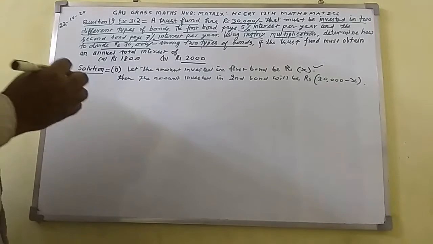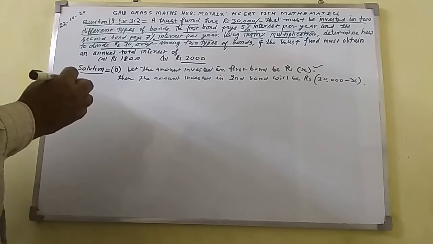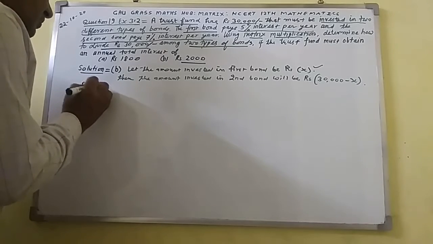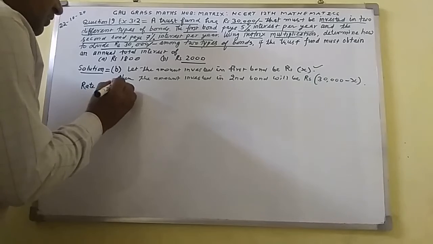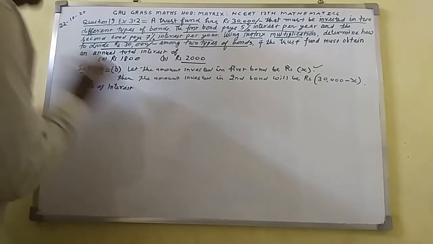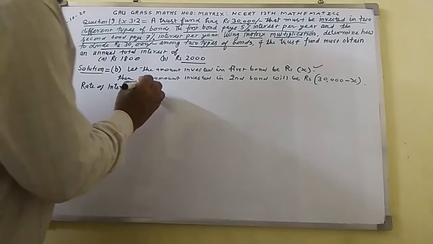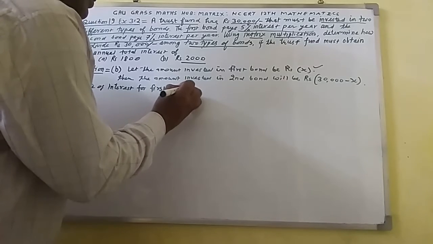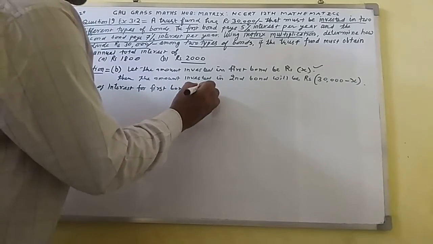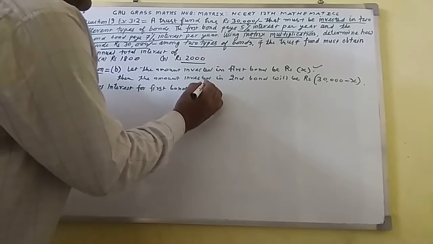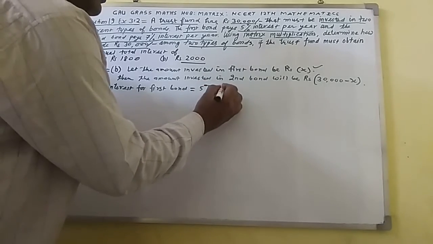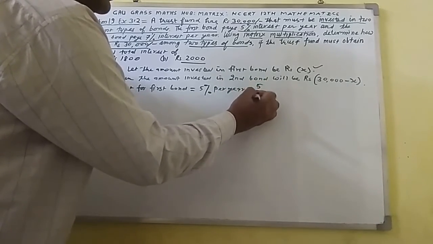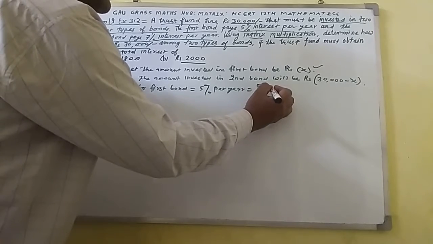I shall write the rate of interest for the first bond equal to 5% per year, equal to 5 upon 100 per year.